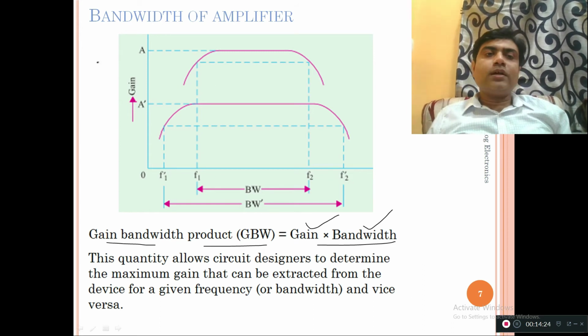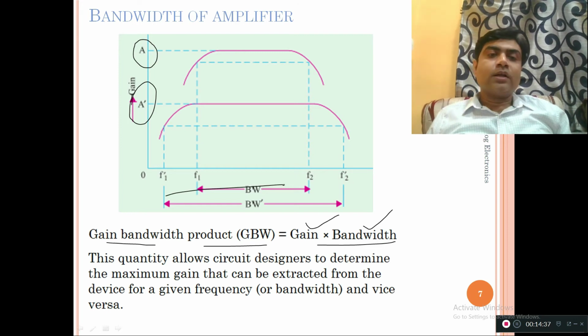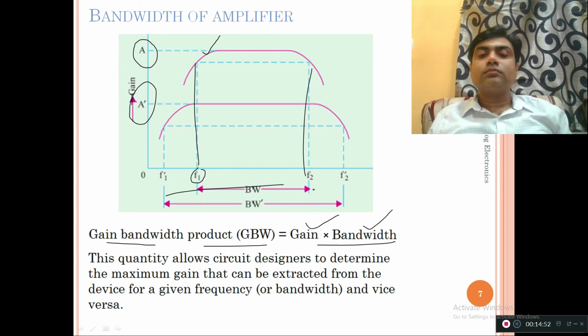Okay, so if you see, this A defines the gain when we have not applied the feedback, and this A dash defines the gain when we have applied the feedback, and this x-axis gives the value of the frequencies. If we do not apply the feedback, then we have this kind of frequency range which lies between f1 and f2.